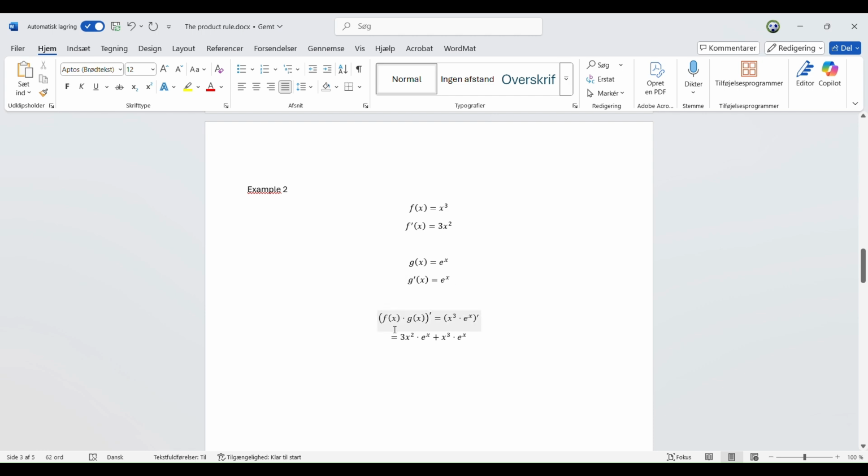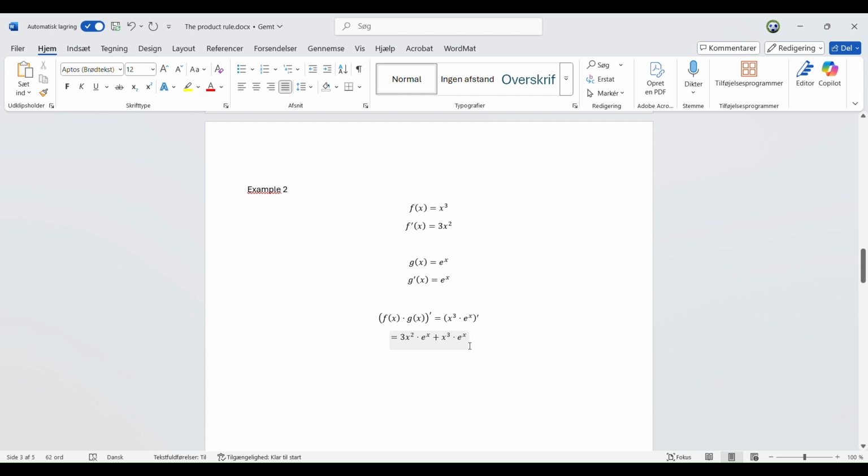So if we want to find the first order derivative of the product of these functions, we just put it inside brackets here and a prime mark. So x raised to the power of 3 times e raised to the power of x, and once again we take the first order derivative of the first function, so that's 3x squared times this one where we have done nothing but multiplying, and then plus, and then we just leave in this one without doing anything other than multiplying it by this one where we have found the first order derivative, and it's a bit special here, so that's the same function.